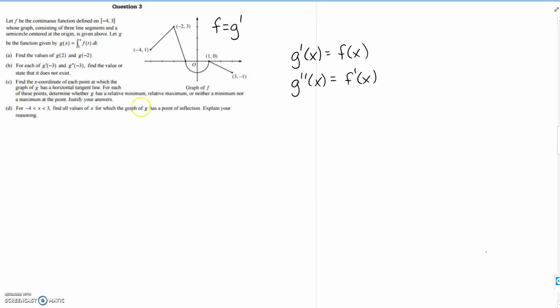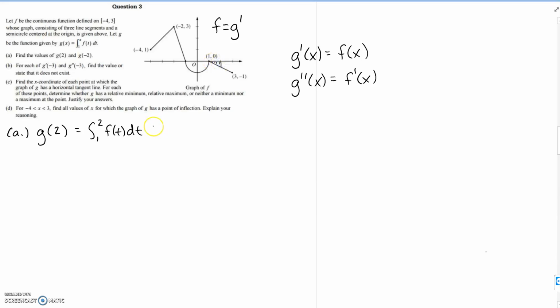And then question A asks to find the value of g of 2. So looking for g of 2 is going to be plugging 2 in for all the x's, the integral from 1 to 2 for f of t dt. And we're going to sum up the signed areas from 1 to 2 to find the value of that integral. So the integral from 1 to 2 is going to be this area.